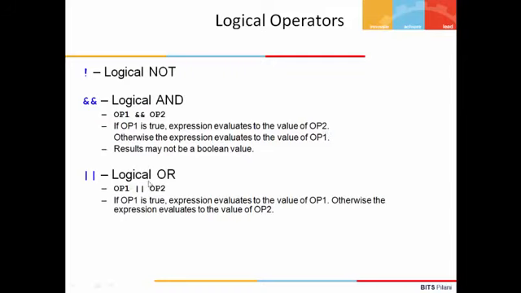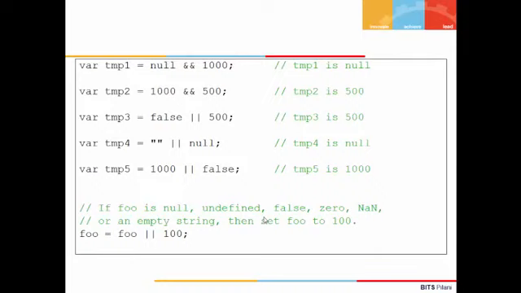Similarly, when it is logical OR, if operator 1 is true, then the expression evaluates to operator 1. Otherwise, the expression evaluates to the value of operator 2. So these are some of the examples which make use of logical AND, OR and NOT.